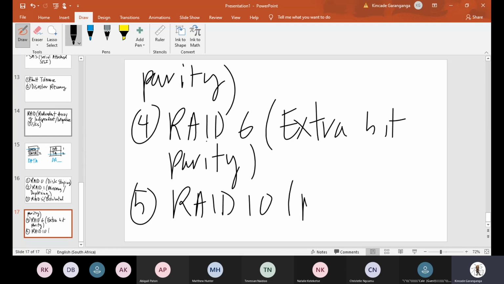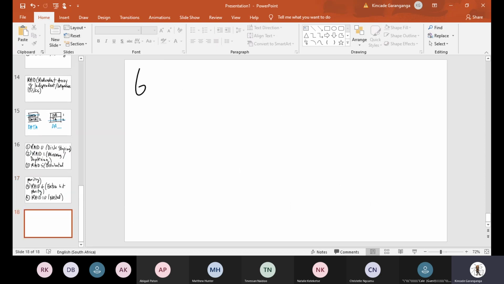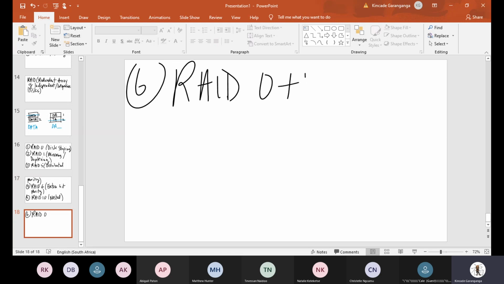So this is nested, which just means that it's a combination of both RAID 1 and RAID 0. The only difference here is that what literally takes precedence is your striped environments. You can also discuss another type of nested RAID, which is RAID 0 plus 1. Again, another nested RAID.